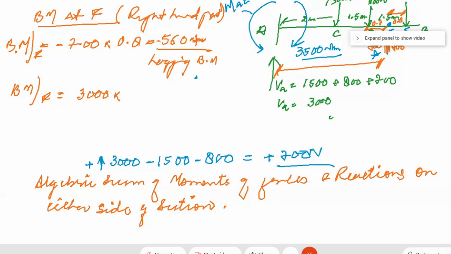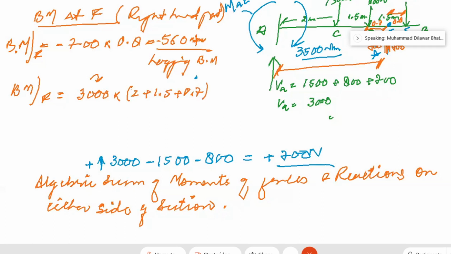The total distance between D and E is 1.5, but the point F has been located at 0.7 from D and at 0.8 from E. So this will be in clockwise direction, that means it will be positive, multiplied by the total distance. How much is that? That will be 2 plus 1.5 plus 0.7.